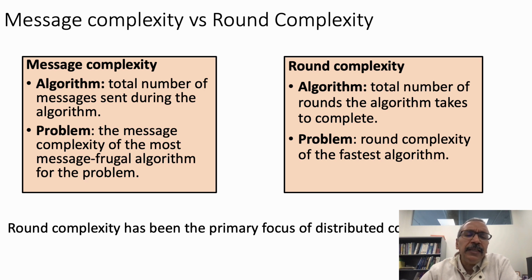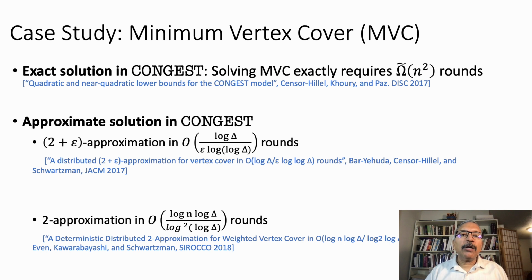I want to emphasize here that round complexity has been the primary focus of distributed computing, and problems are understood far better from the round complexity point of view than from the message complexity point of view. To emphasize that a lot of research has been done on the round complexity of distributed approximation in the CONGEST model, let me present a brief case study on the minimum vertex cover problem. Due to a result by Censor-Hillel, Khoury and Paz, it is known that solving minimum vertex cover exactly takes quadratic rounds.